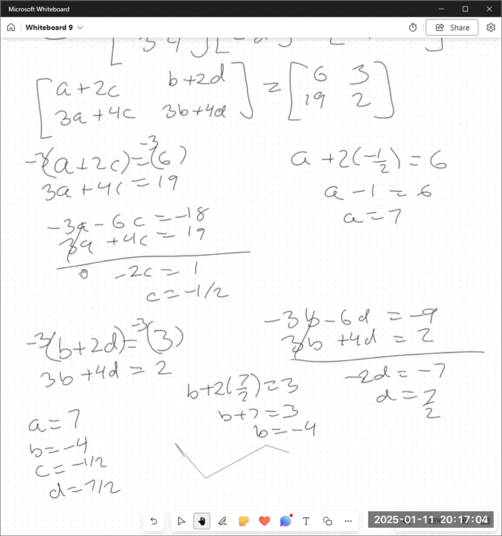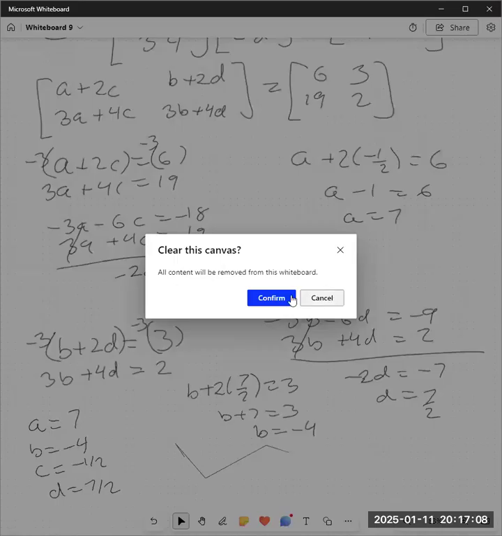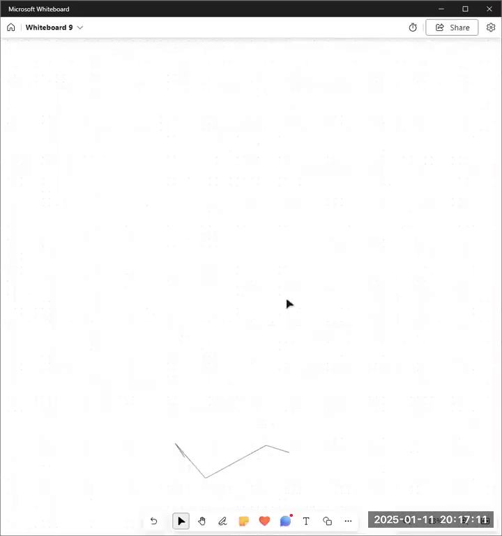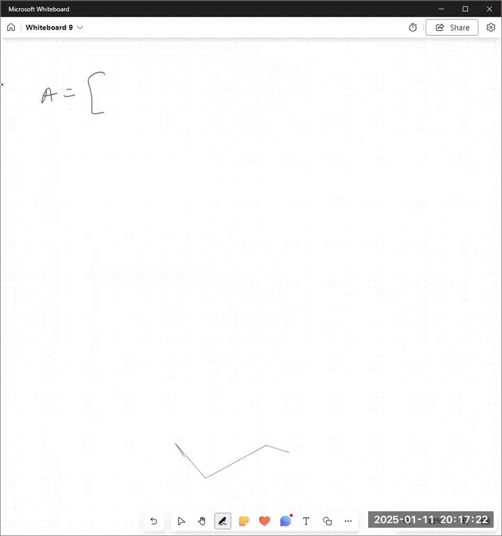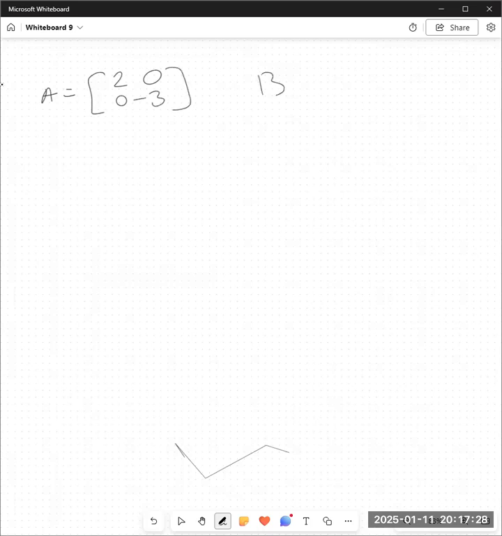Let's go ahead and look at number 59, which will be our last problem for this section. It's going to be A equals [2, 0; 0, -3], and B is equal to [-5, 0; 0, 4].